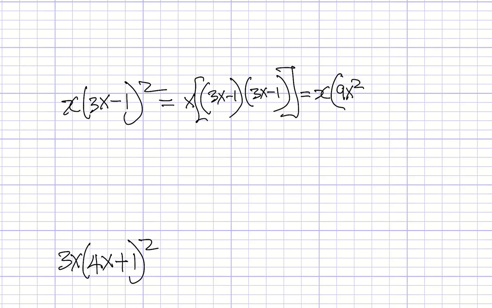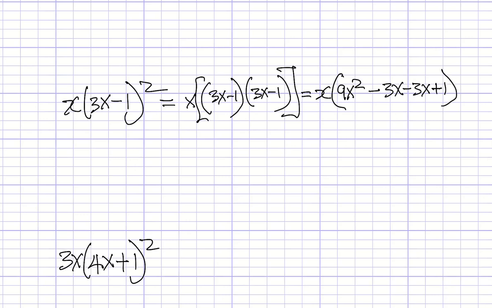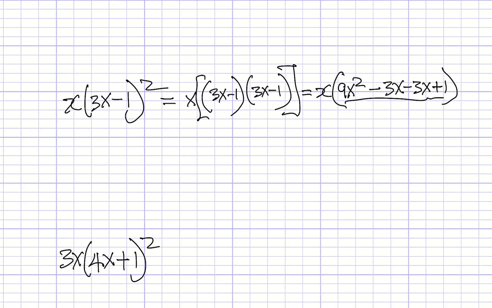We'll get 9x squared minus 3x, and then another minus 3x, and then plus 1. You see that, right? So you can simplify that before you get rid of the bracket. You get x times 9x squared minus 6x plus 1.